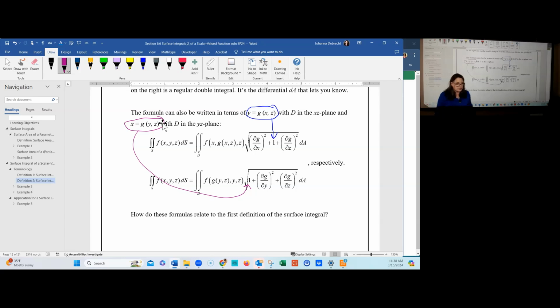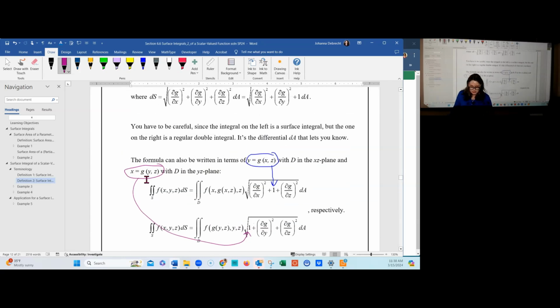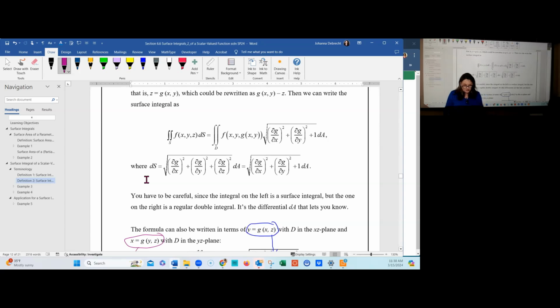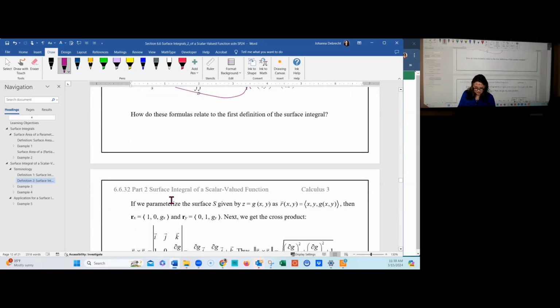Now, let's go back to the original one where we're projecting into the XY plane, and let's see how this very complicated integrand, this double integral, relates to f of r of u and v multiplied by the magnitude of the cross product. How do those turn out to be the same thing?